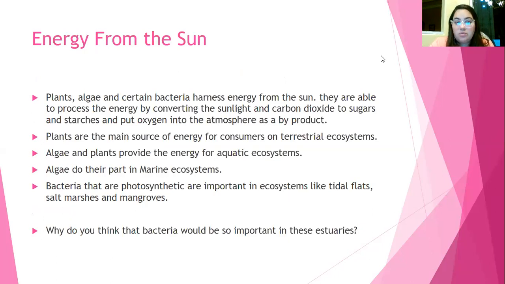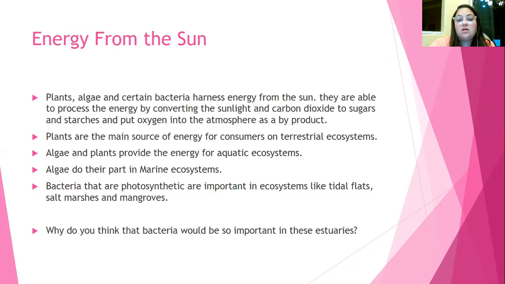We learned this when we talked about photosynthesis. We learned the light and the dark cycle, and how NADPH brings in those electrons and whatnot. We had a whole story about this, so go back and review that, or come to Zoom and we'll talk about it. All right, plants are the main source of energy for consumers in terrestrial ecosystems.